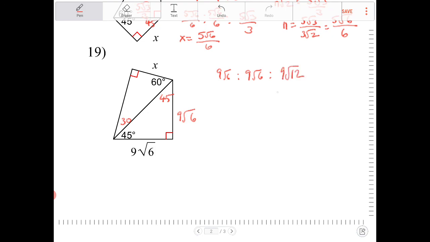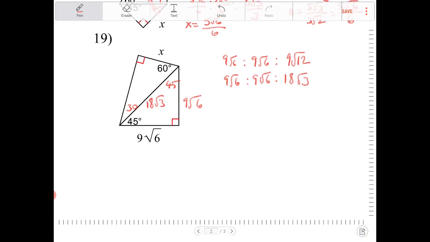But radical 12 can be reduced, so this will be 18 radical 3. And since 18 radical 3 corresponds with the hypotenuse, 18 radical 3 is the hypotenuse.